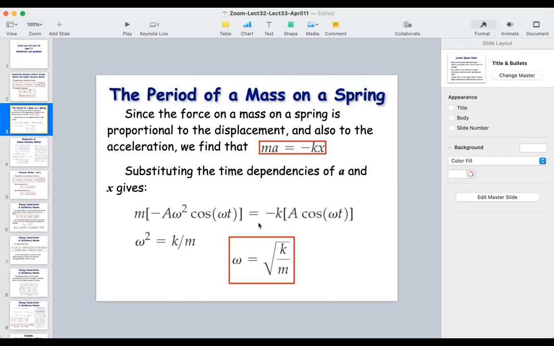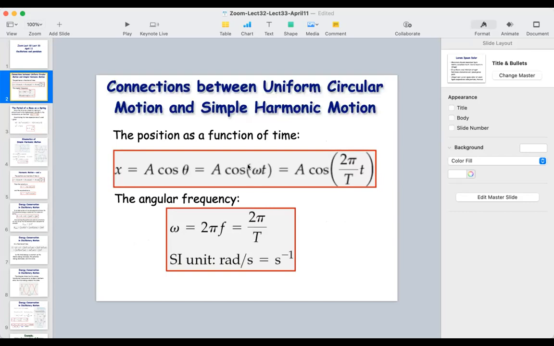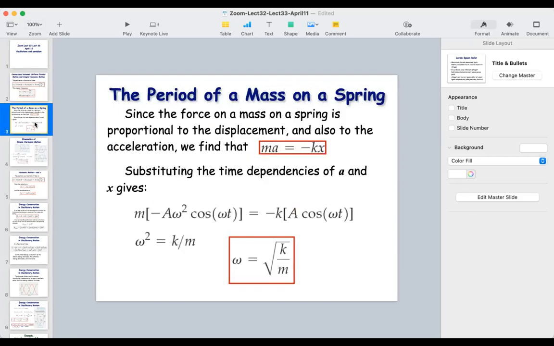But what is important for you is this formula here. The angular velocity that we saw before is the same omega that you find in this equation. When you have a spring, this omega is equal to the square root of k divided by m, where k is the spring constant and m is the mass attached to the spring.